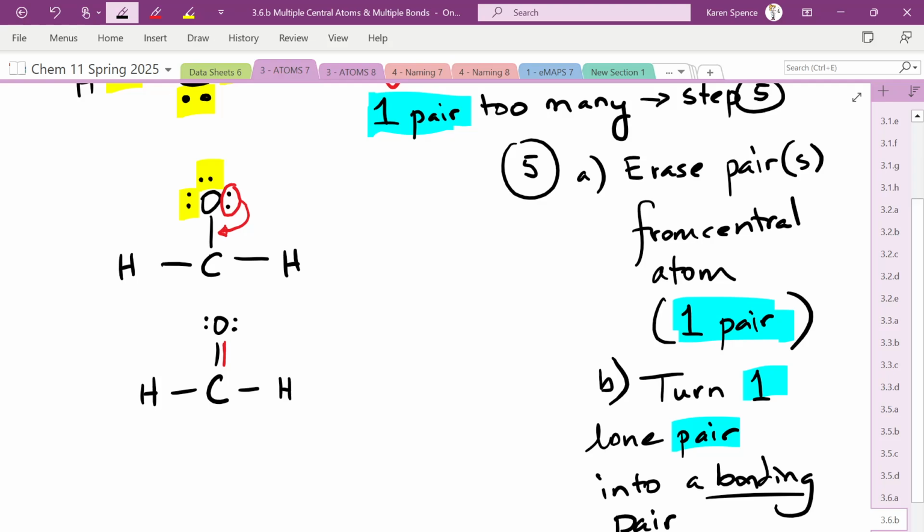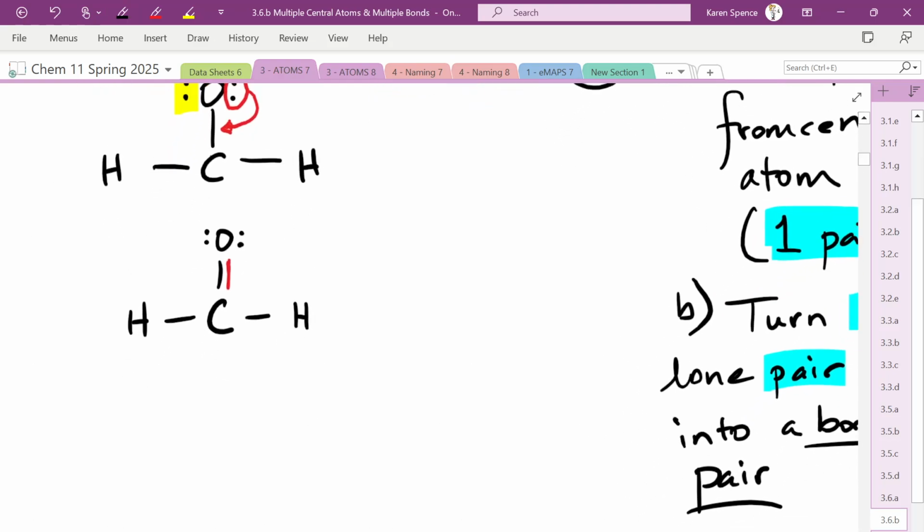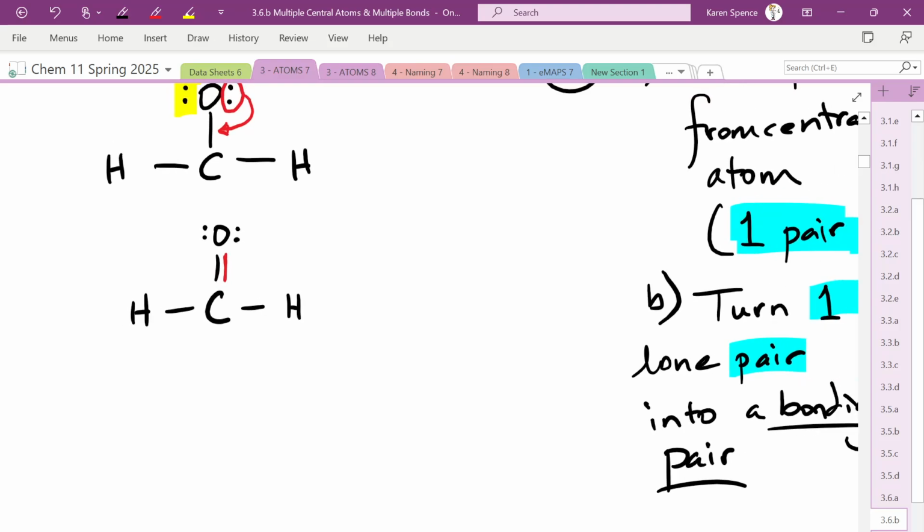but we are going to go and do step 8, because step 8 is to check that all atoms have 8 electrons. Does everyone who needs 8 electrons have 8 electrons? How many electrons does carbon have?